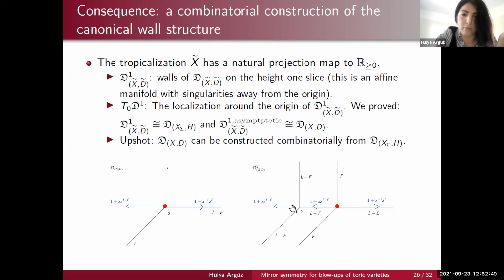And there was also a part which required a lot of technical craftsmanship, showing that if you analyze around the origin part, you can understand the canonical wall structure, which required doing all this monodromy analysis around this integrally affine part. That was the cumbersome part.